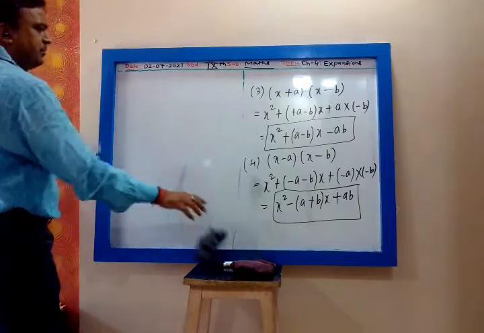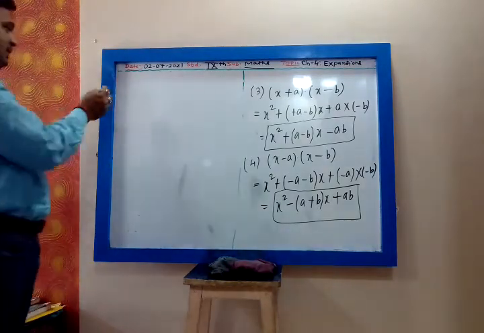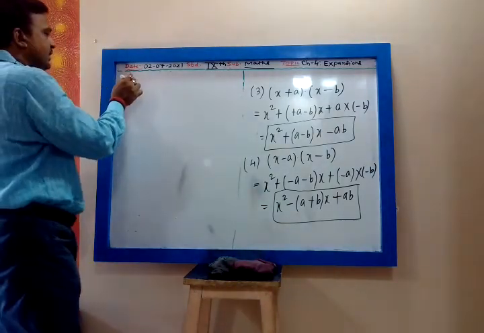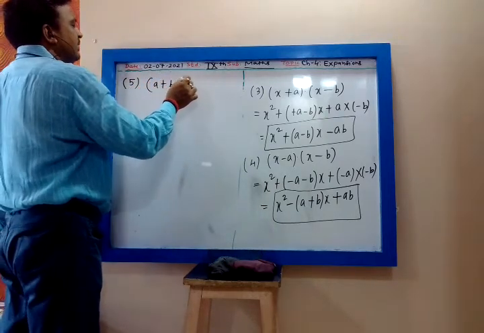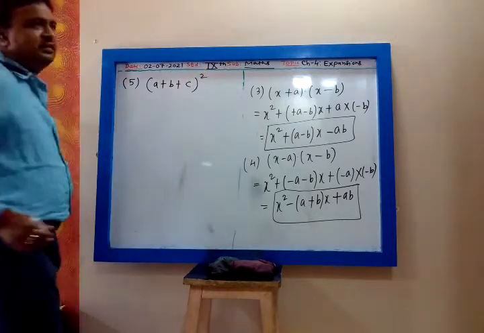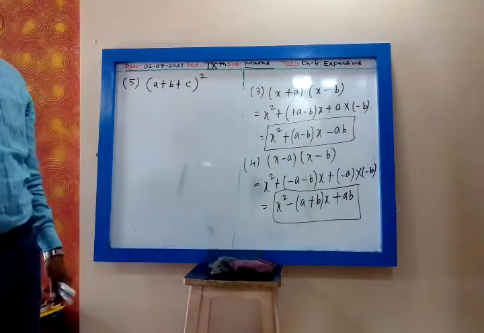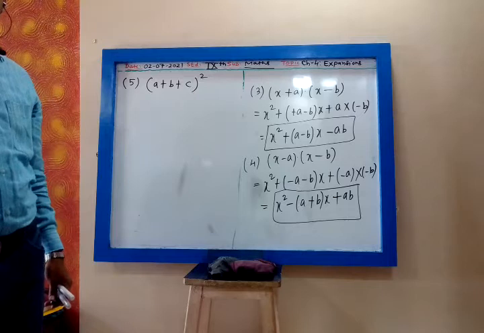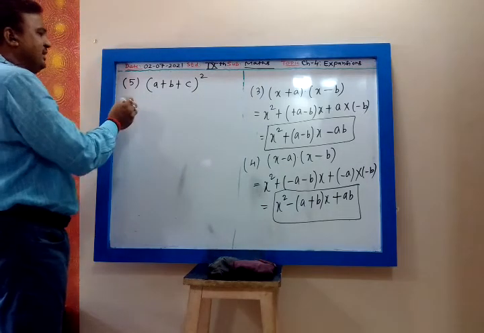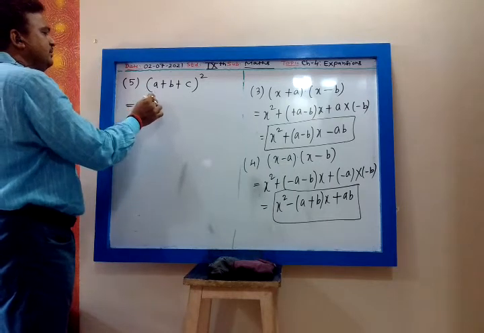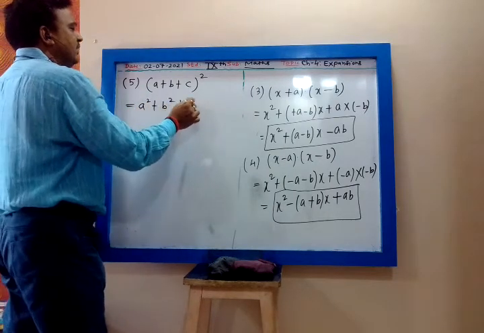Now we will see the square of three numbers, a plus b plus c whole square. We have seen the square of two numbers, a plus b whole square. Now we will see how to find a plus b plus c whole square. Again the technique will be square of each, a square plus b square plus c square.